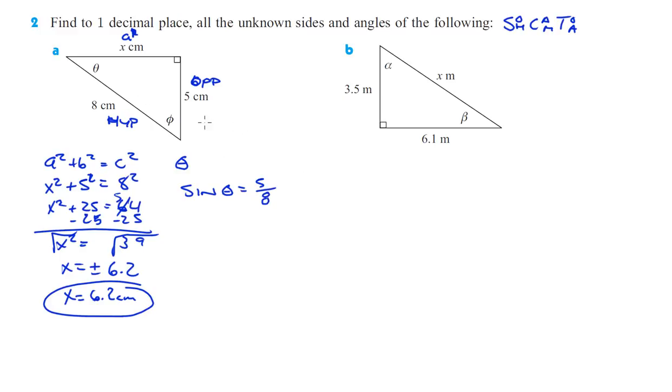Okay. You could officially use 6.2 in here. So you could actually find this using a different trig ratio, but this 6.2 is rounded and this 5 and 8 is considered to be 100% accurate. So you always want to use these. You could get close with this, but you won't be as close as you'd probably want to be. So always try to use the sides that they give you if you can do that.